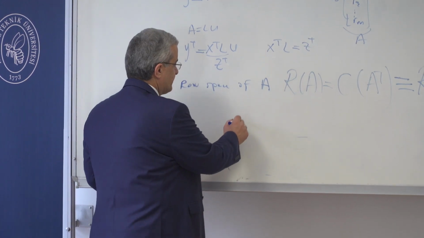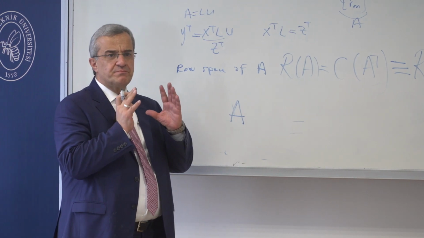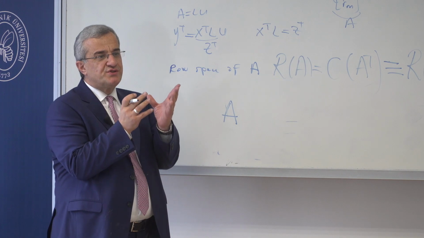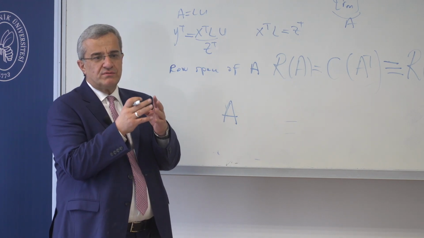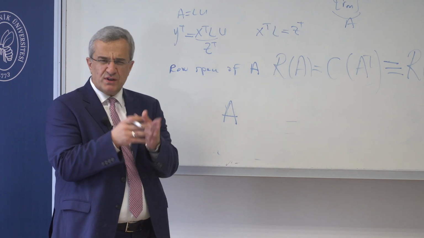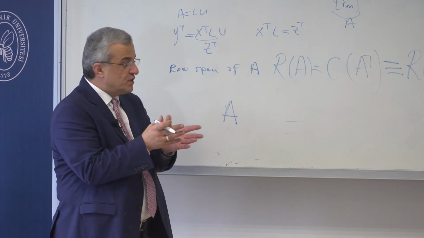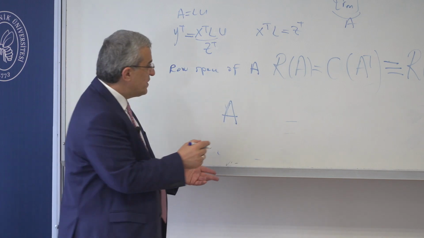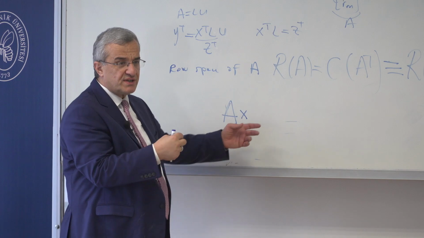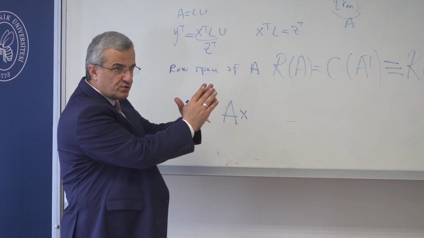If I give you this, I ask you, find or generate, okay, this is a better word, generate all vectors in the column space of A. What would you do? You would take linear combinations of the columns of A, right? So you would multiply A with vectors on the right side, which corresponds to taking linear combinations of the columns, right?